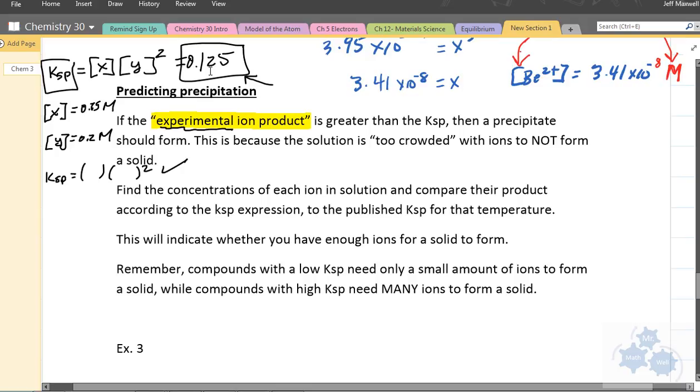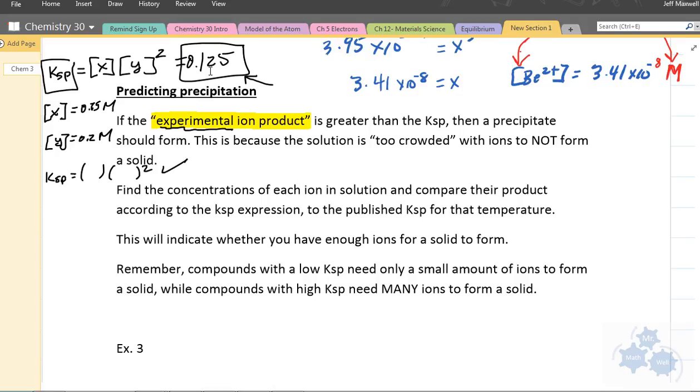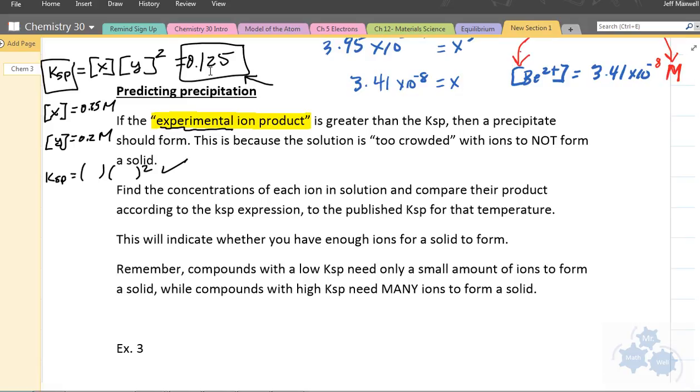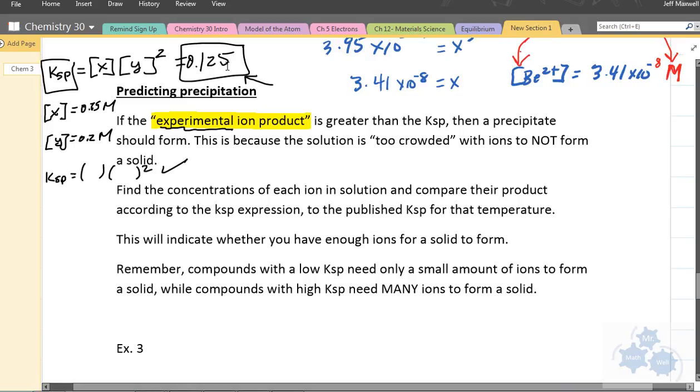You remember the example from the other day? We have 30 people who can walk around in here without bumping each other, but as soon as we get more than 30, someone's going to bump into someone else, and they're going to form a compound and precipitate out of our activity. Remember that? So if we have a product that's greater than this number, we are going to have a precipitate in solution. We're going to have solid ending up in that solution.